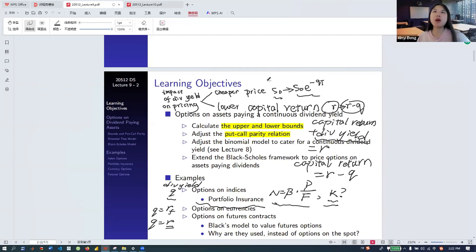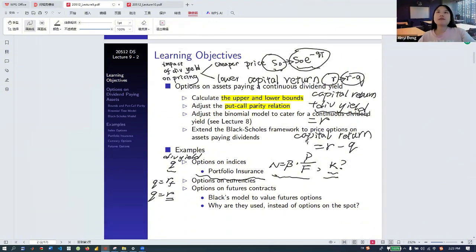Also, when we are using the first intuition for the boundary relationships or the pricing relationships, we just replace S0 with a lower price of S0 times e to the power of minus qt. Let me use words to describe the intuitions again.